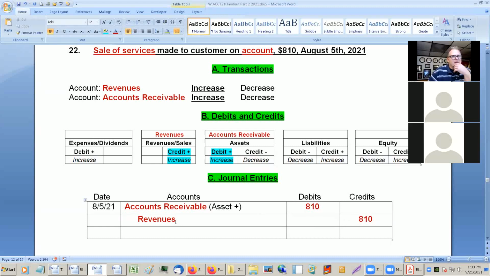Now, people might say, yeah, I did an audit one time, and they put in a journal entry at the end of the year. They thought it was wrong, so they reversed it out. Then they thought, this is right, and they put it back in. They did that 6 times.